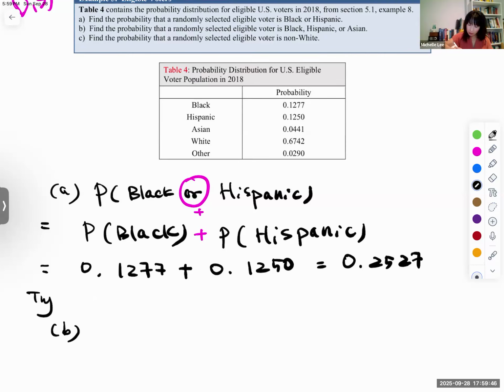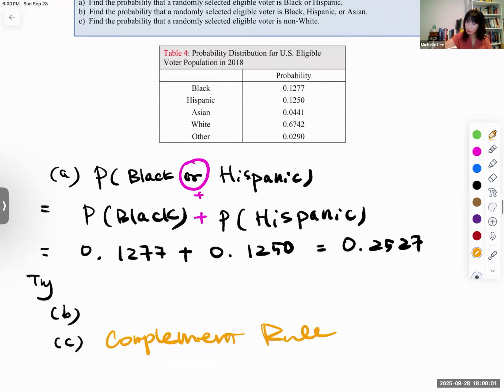It's a complement, so we can apply the complement rule. The probability of non-white is 1 minus the probability of white.